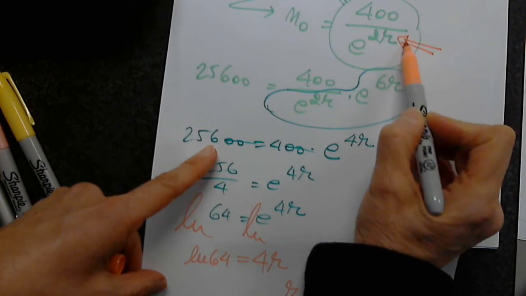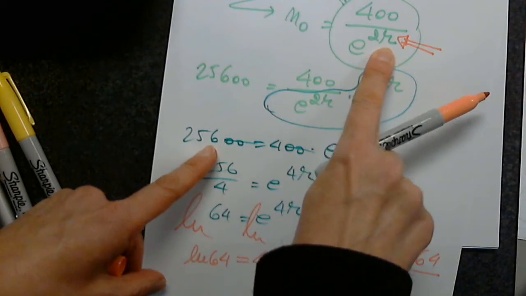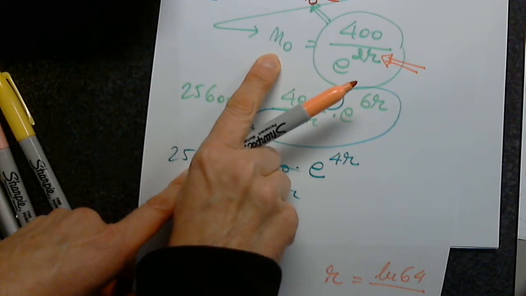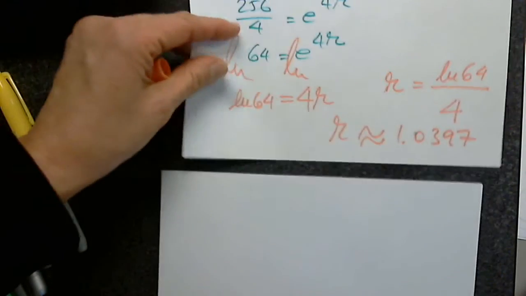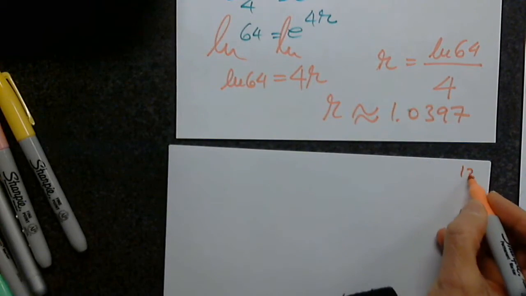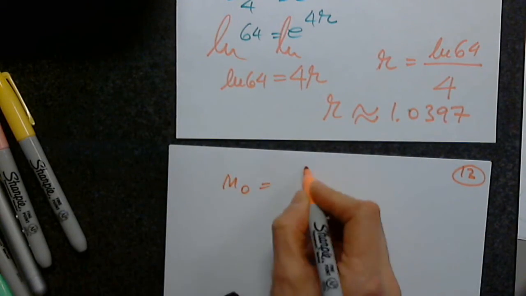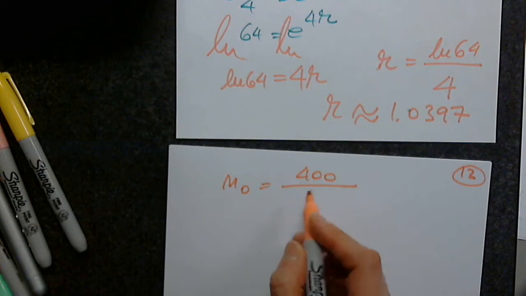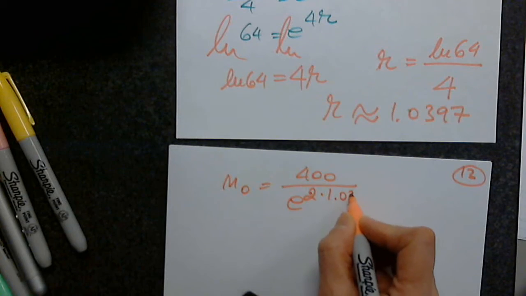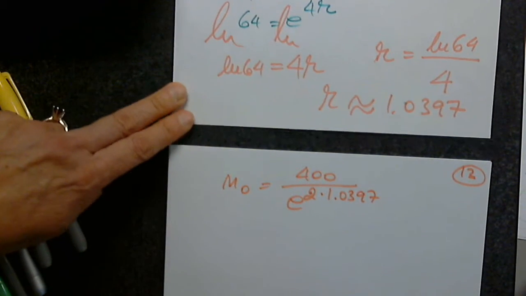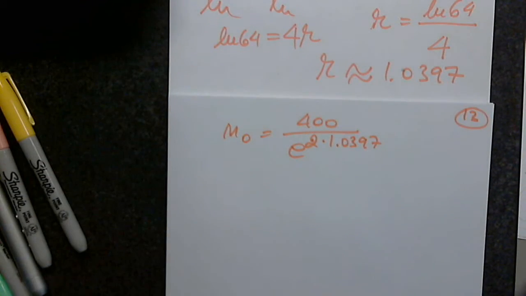I want to go back here and determine what? The initial number of bacteria. Very good. So N0 equals 400 over e to 2 times R, 1.0397. If you want to be fancy, you will use the entire previous answer to get the best approximation.